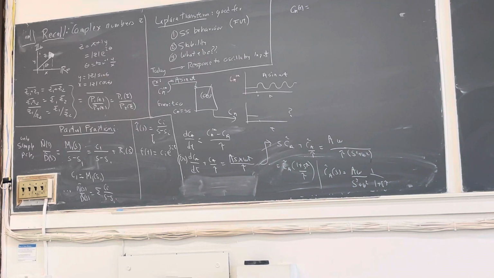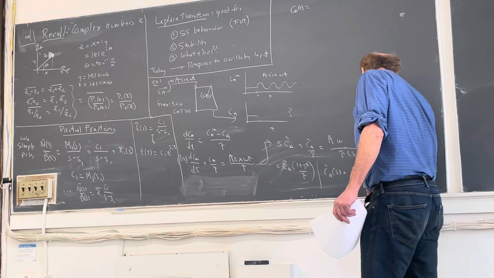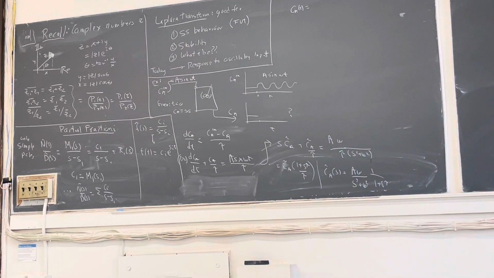Do you see anything in the table that looks like 1 over s squared plus omega squared and 1 over 1 plus s tau? Everyone should be looking at their table now. And this is a question about reading. So anyone want to tell me what it is? What line number?